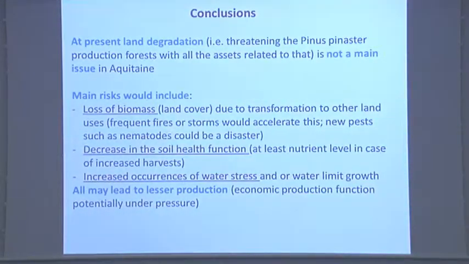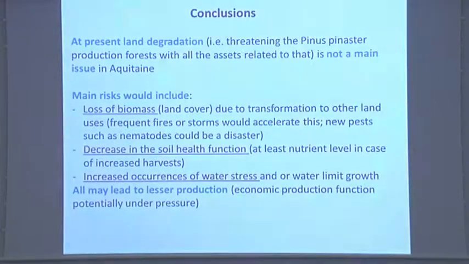Loss of biomass, that's for me a main issue. And Jean-Michel has been implicated in this prospective reporting, that you could see that even in Aquitaine, where there's less people living, you see that the towns move in, and part of the forest disappears and is constructed. So land cover with forest will probably decrease, and so even there, degradation will, in this way, be there.